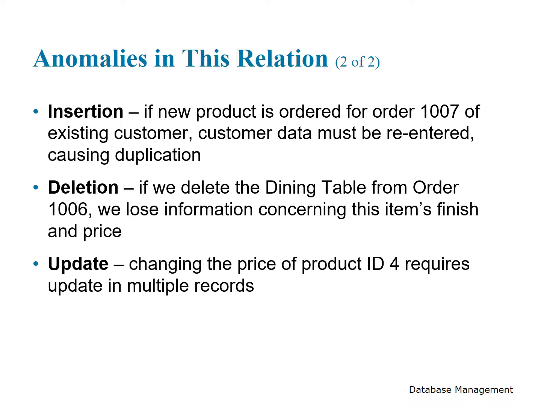Normally in this relation, for insertion, if a new product is ordered for order 1007 of an existing customer, the customer data must be re-entered, causing duplication. Deletion: if we delete the dining table from order 1006, we lose information concerning this item, finish and price. Update: changing the price of product ID 4 requires updates in multiple records.